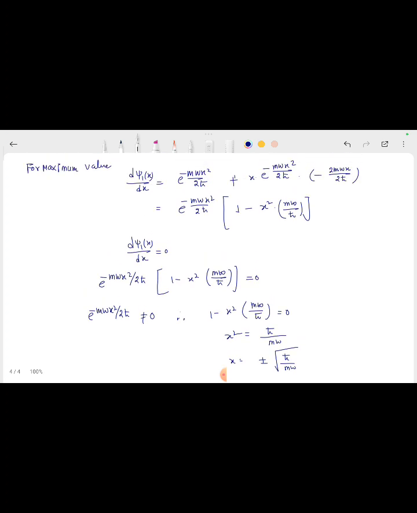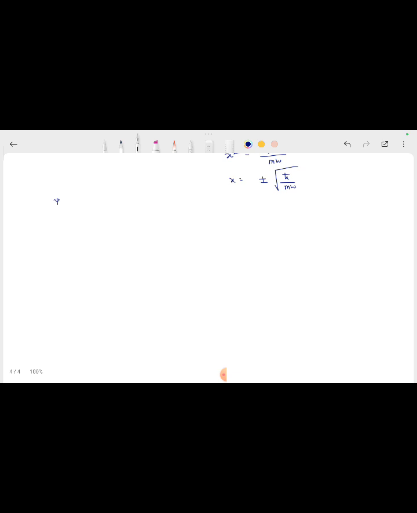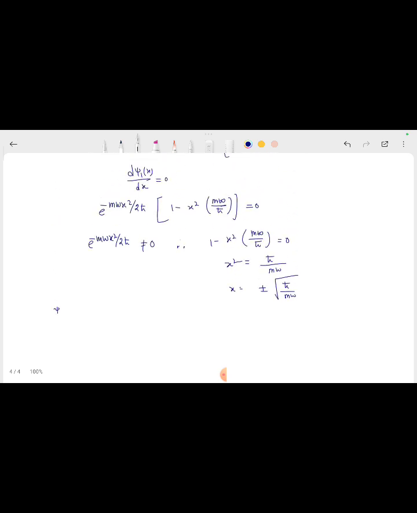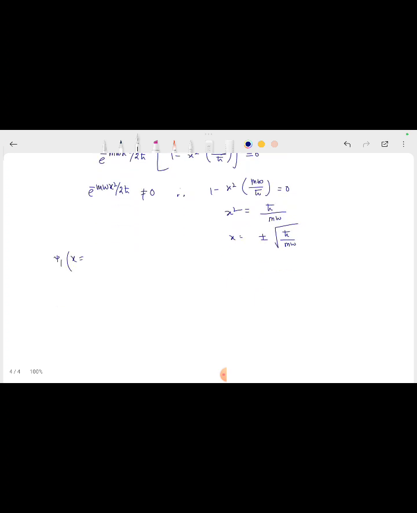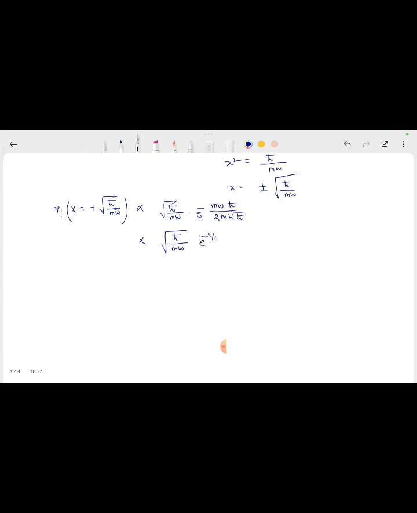So let's calculate this also. psi 1 at x equals plus root under h cut upon m omega is proportional to x e to the power minus m omega x square upon 2 h cut, which is proportional to root under h cut upon m omega times e to the power minus half. So we get a positive value, right?